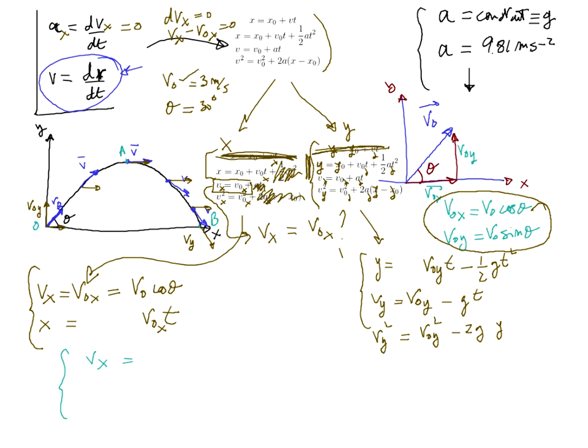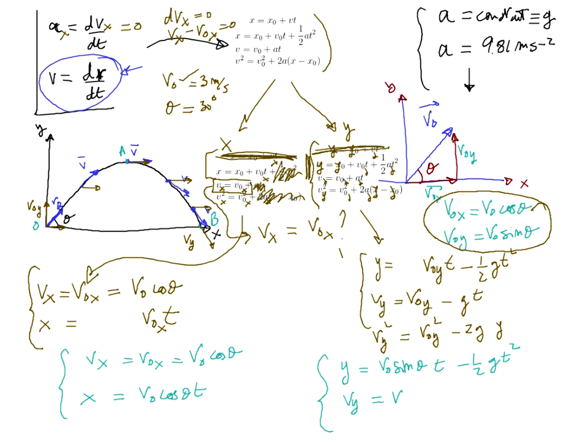Vx is equal to V naught x is equal to V naught cosine theta. x is equal to V naught cosine theta t. And in y, same as in 1D, we only keep three. y is equal to V naught sine theta t minus 1/2 g t squared.